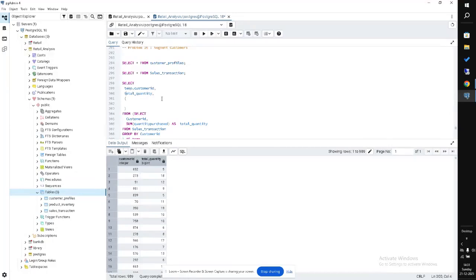Case when total quantity between 1 and 10, then low.